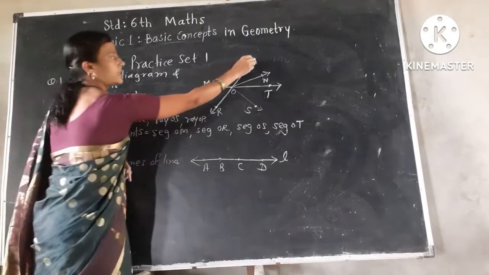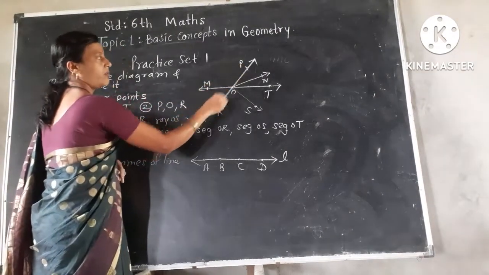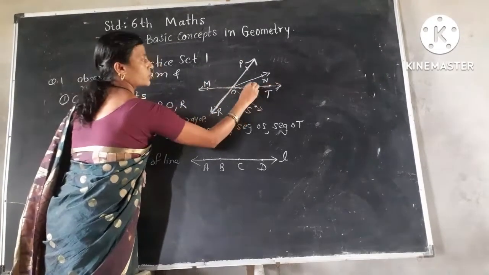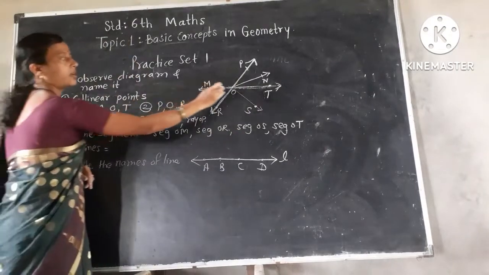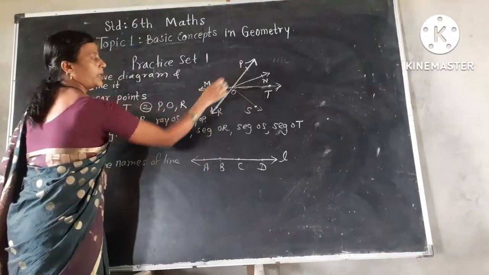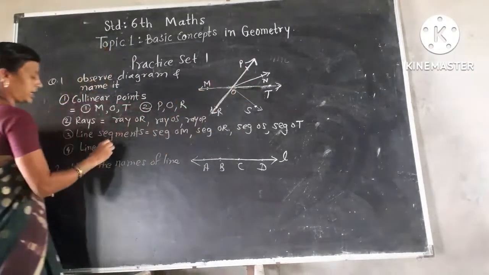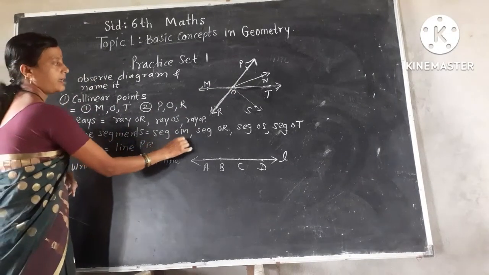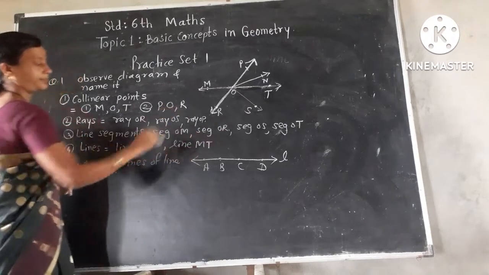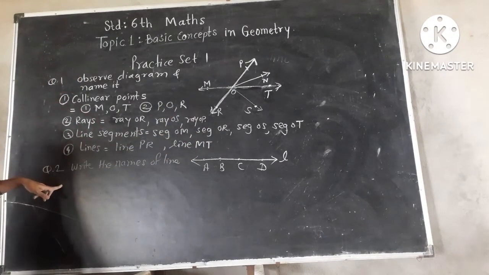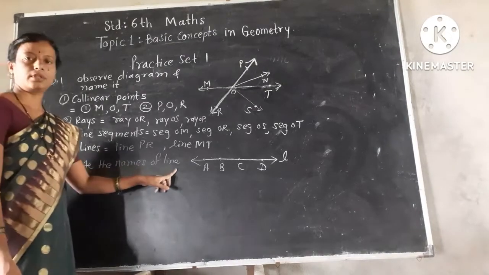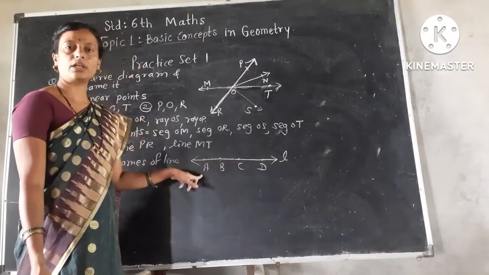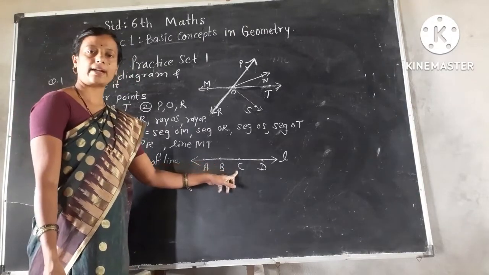Lines. These are lines. Lines have arrowheads in both directions. So here line PR and line MT are available. Line PR, line MT. Second question, write the names of line. Here a line and points on the line are given. We use these points and write the names.